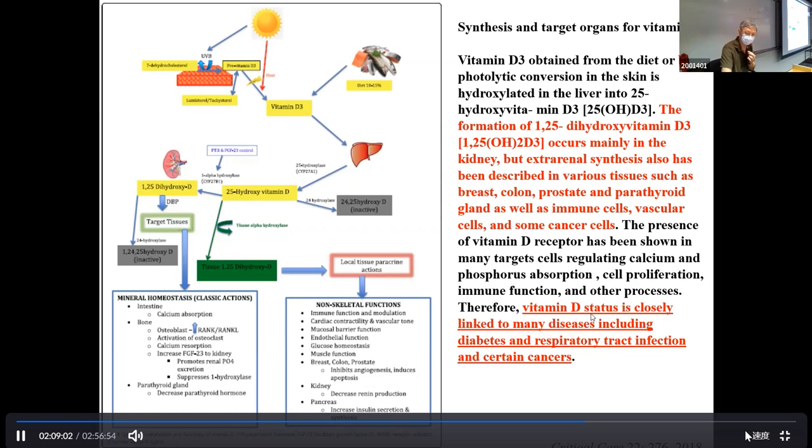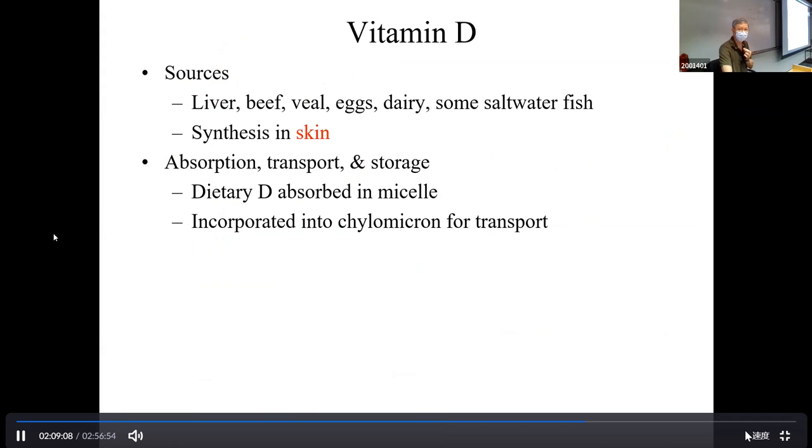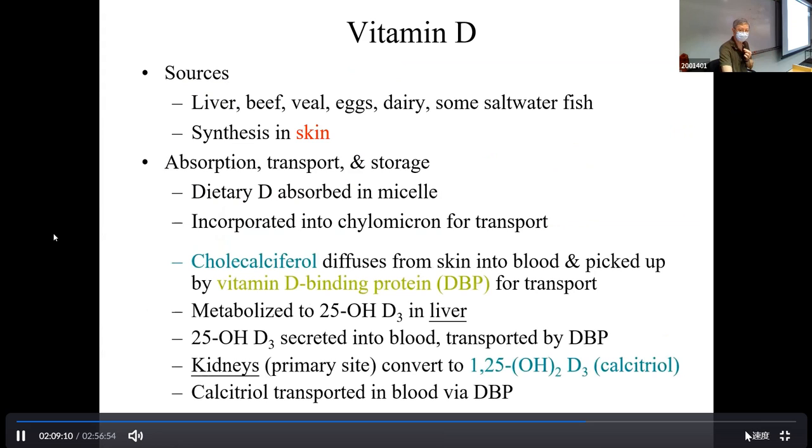This is something that we will spend a little bit of time talking about later. This is just a repeat of what I just mentioned in the diagram. There are important locations that you need to remember: the liver and the kidney for hydroxylation, and 1,25-hydroxy D is calcitriol.